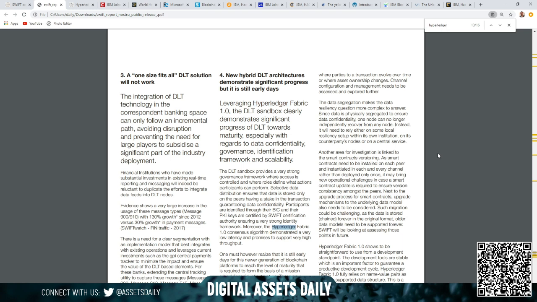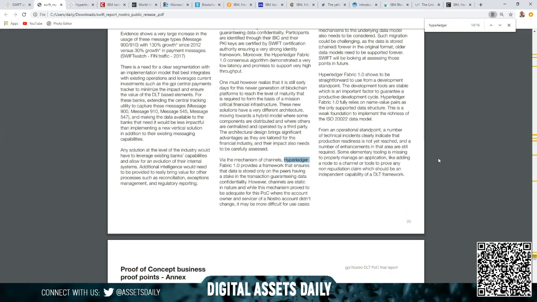Moreover, the Hyperledger Fabric consensus algorithm demonstrates very low latency and promises to support very high throughput. Again, Hyperledger Fabric provides a framework that ensures the data is stored only on the peers having a stake in the transaction, guaranteeing data confidentiality.